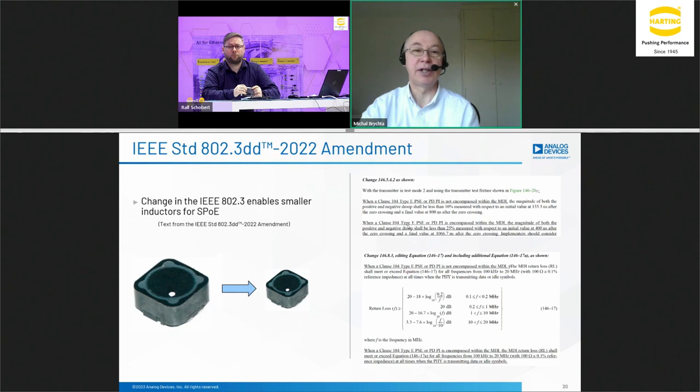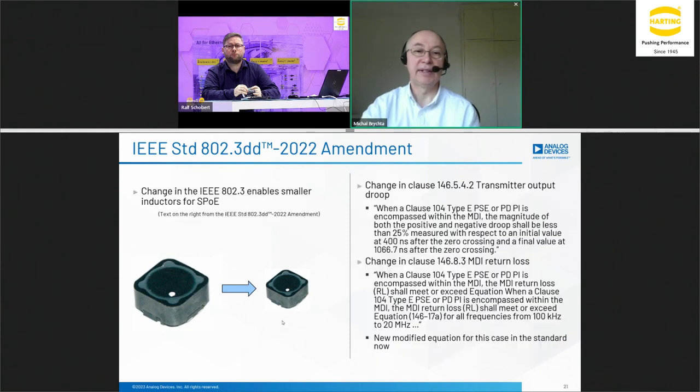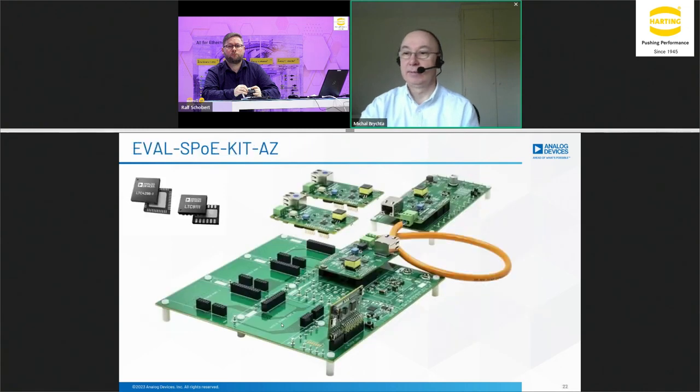It changes the droop specification and the return loss specification for the specific case when power is used in the system, and that enables a smaller inductor for the same power, or the same inductor delivering more power in the system. I wanted to address this topic a little in detail.